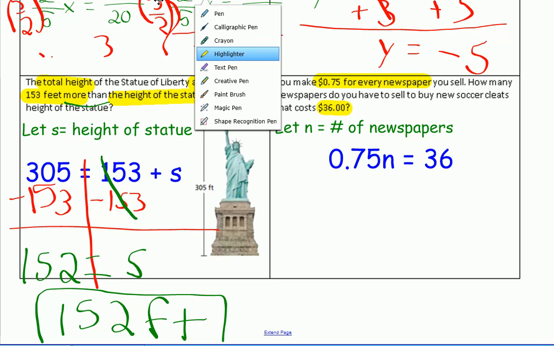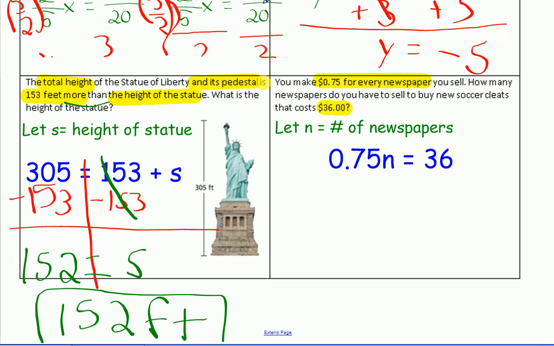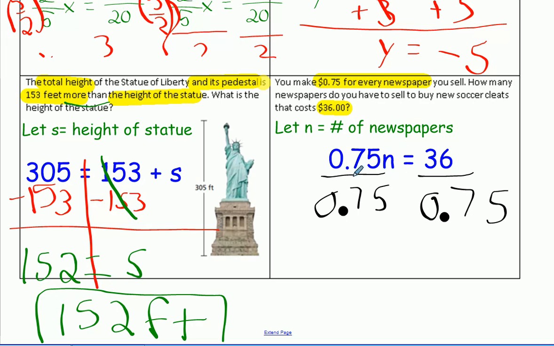Okay, so now I'm going to solve it. Since I don't see any symbols, obviously this is multiplication. So in order to undo multiplication, I'm going to have to divide. I'm dividing, again, isolating my variable. Since 75 cents is on the same side as my variable, that's what I have to get rid of.